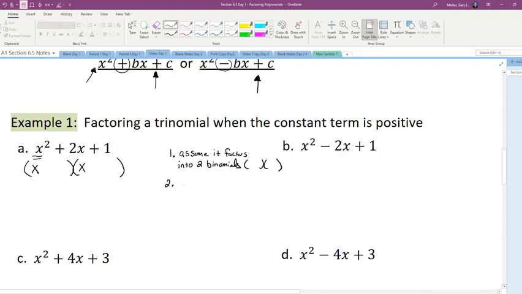So step two, place x's in the front of each binomial. I'm going to call it a binomial, but we're talking about those parentheses we just wrote down. If we just do the first step of FOIL, which is take x times x, we see we get x squared. And that's why we put the x's in.